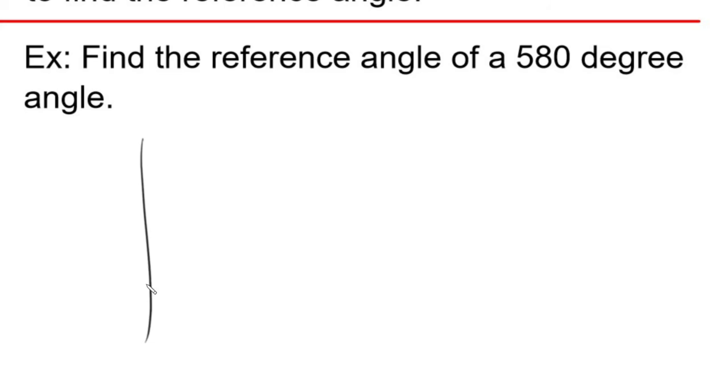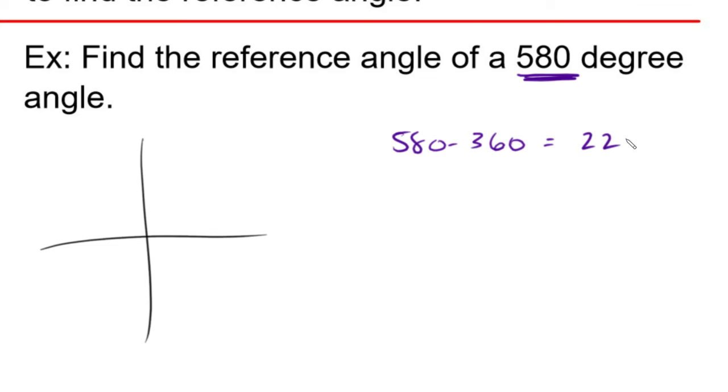So here is our XY plane. Now we're going to start adding or subtracting 360 to get an angle that we can deal with. Obviously we're going to subtract 360 degrees because you don't want huge angles, so you want to lower this value. It'll be 580 minus 360, which gives you 220.